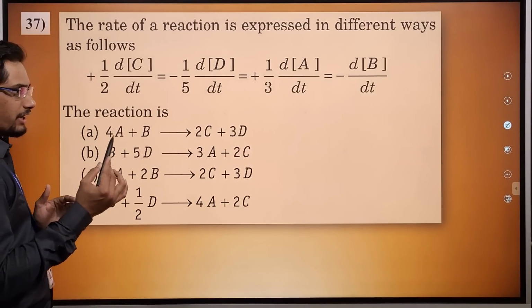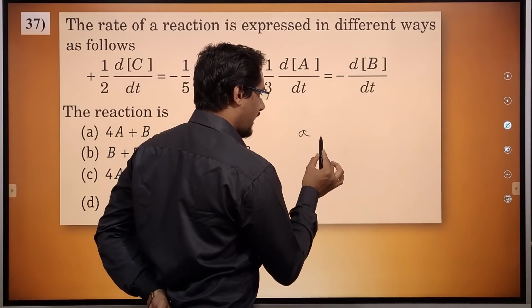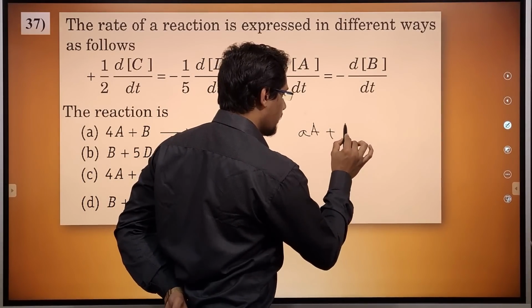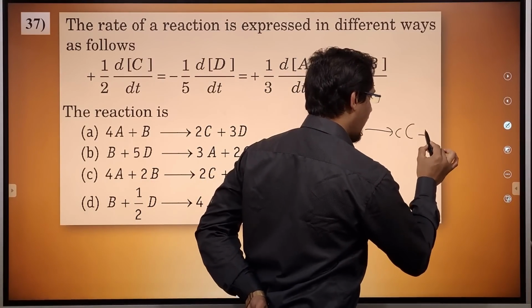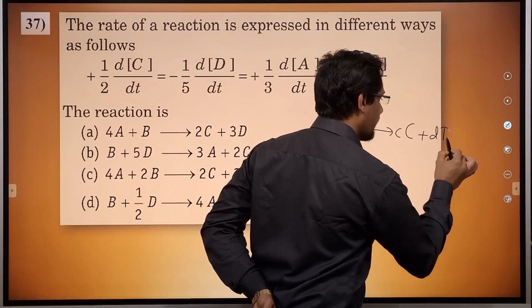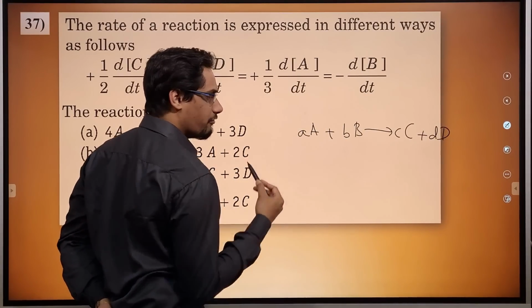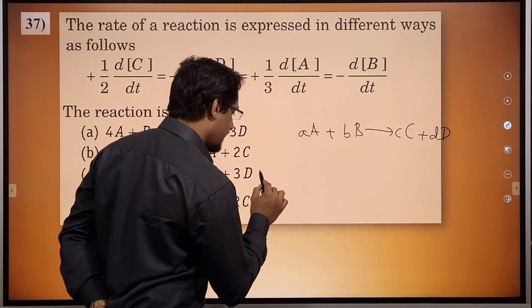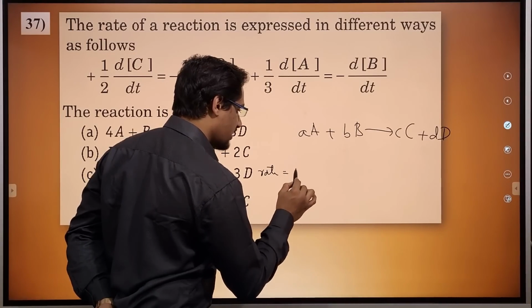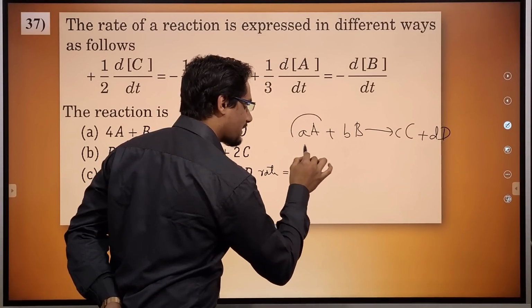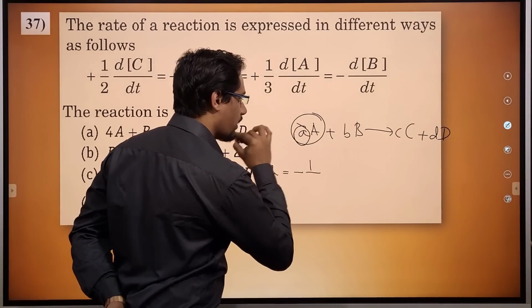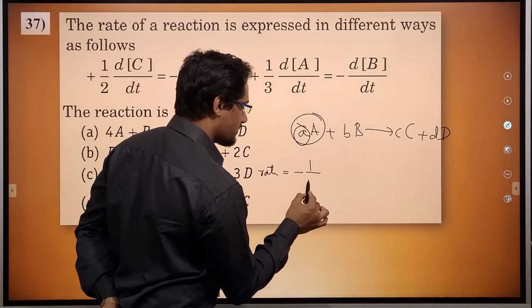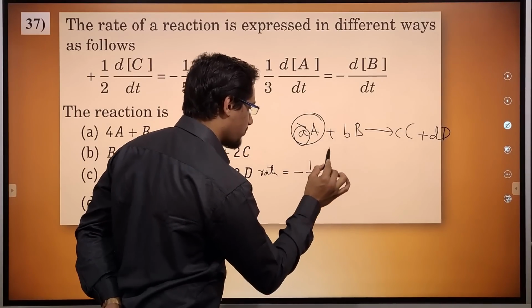See, what we know: a moles of A reacts with b moles of B, giving rise to c moles of C and d moles of D. If this is the reaction, how are we going to write the differential rate equation? As the reactant is there, we have to write minus, and whatever the coefficient is, it is to be written in the denominator.